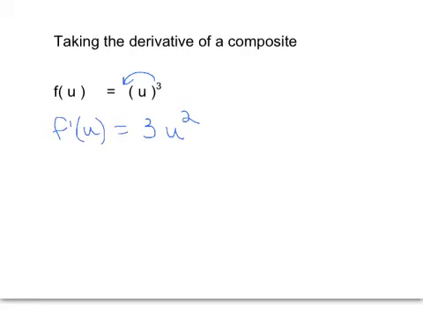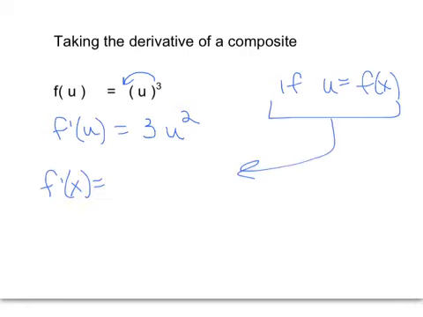Now, if u is an actual function, we're going to have to do a little bit of extra work here. If it's not simply a variable, if it's an actual function like we saw on the previous slide, we're going to have to do a little extra work. And that little extra work is, if we need to find the derivative with respect to x, where u is composed of x, and we're going to look at some examples in a second, what we're going to do is throw that exponent out front. The base is still going to stay the same.